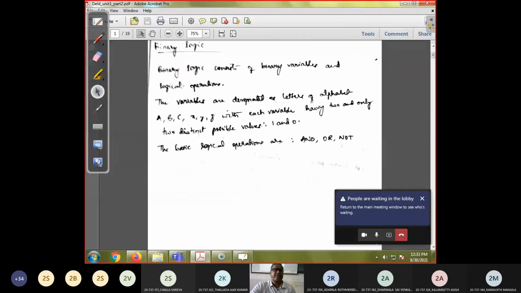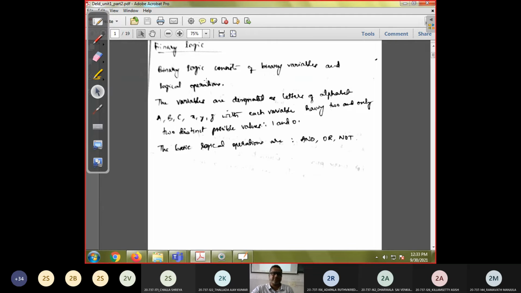First, let us understand the term binary logic. Binary logic consists of binary variables and their associated logical operations.